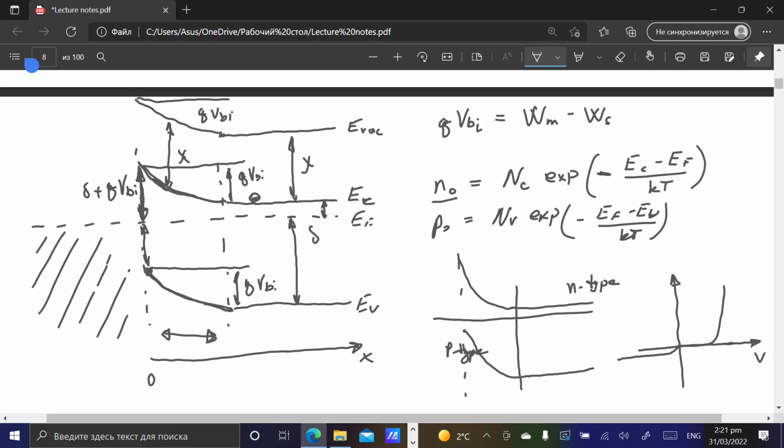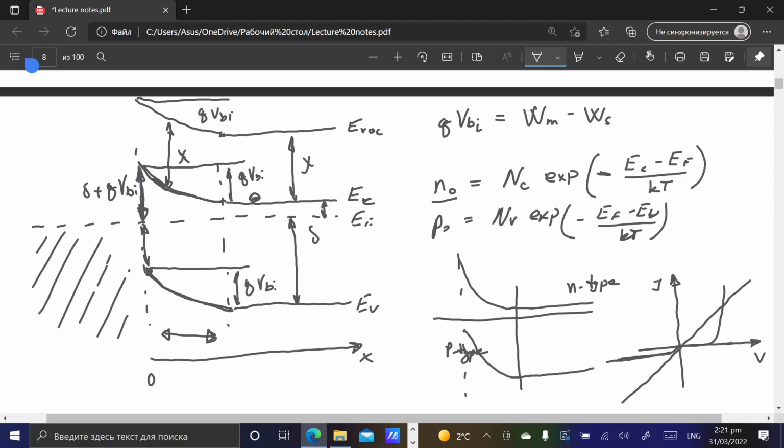Here will be voltage and current, and in the forward direction it will conduct electricity at some small forward bias, and at reverse bias it will remain very, very small. So that is totally opposite to what we expect from a good ohmic contact, which should be just a straight line with small resistance.